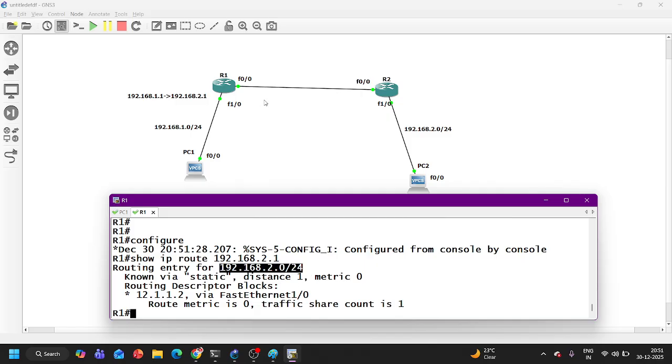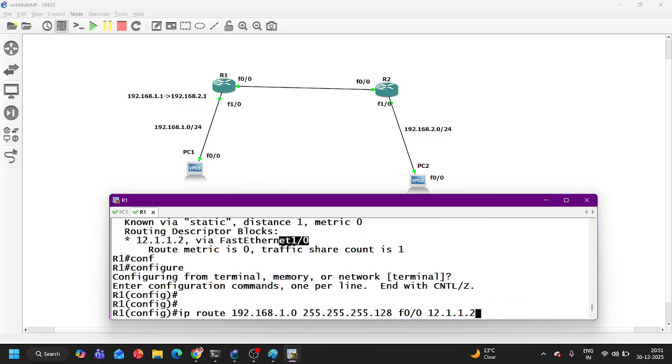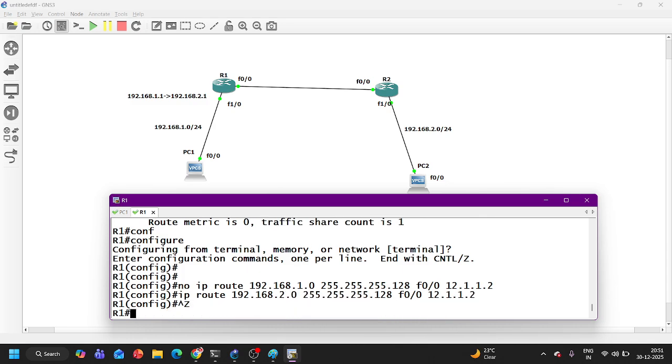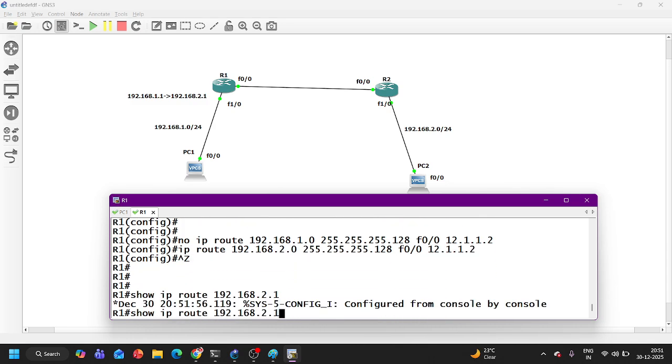What happened? The exit interface is wrong, so say no to this first and then configure it again. So show IP route, this one.